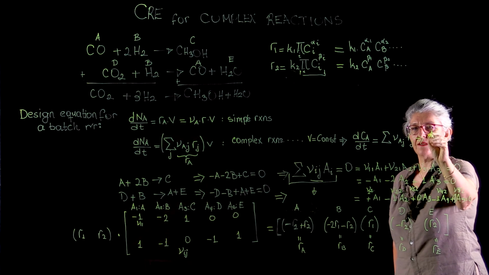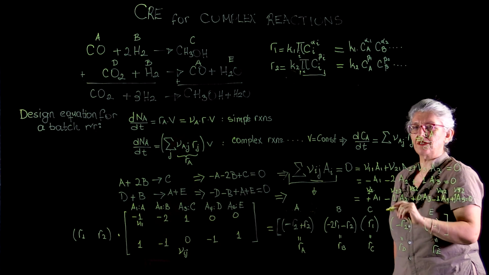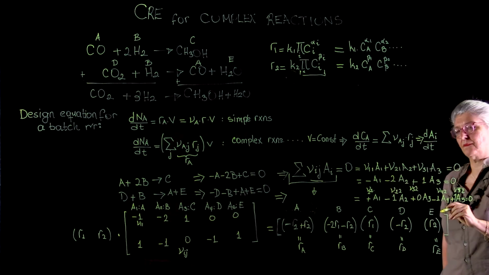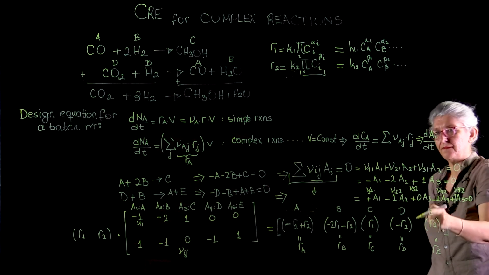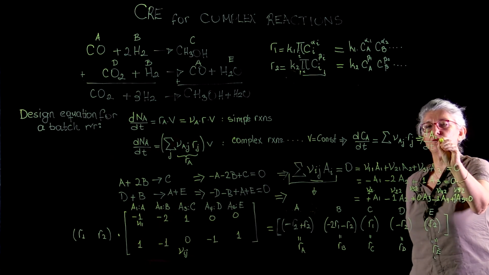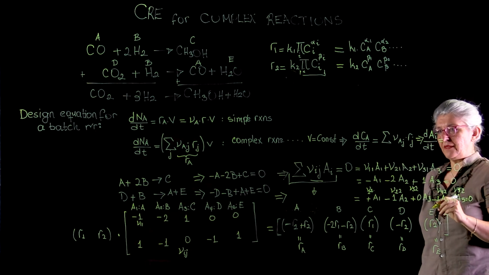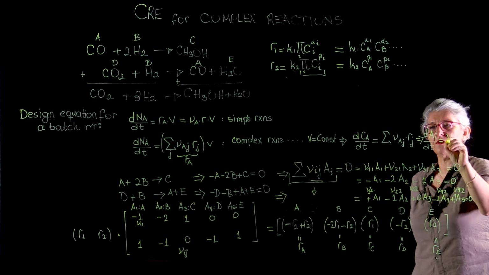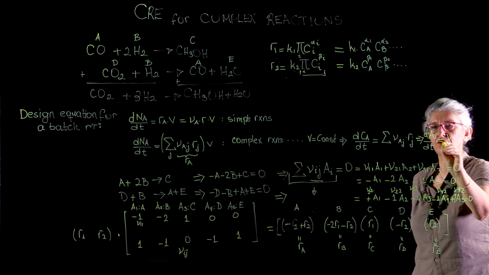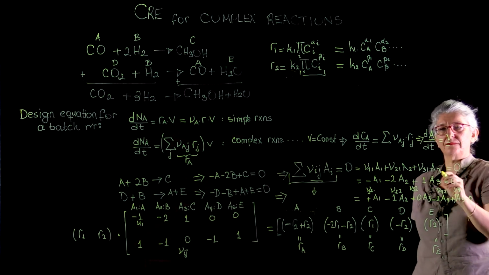Let's generate our symbolism. d A_i over dt, for A_1, 2, 3, 4, 5, is equal to, now I'm going to save time and space, and write the stoichiometry matrix as a tensor, and this is a vector when I just throw one line underneath.